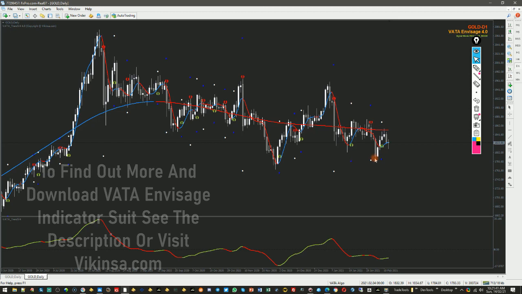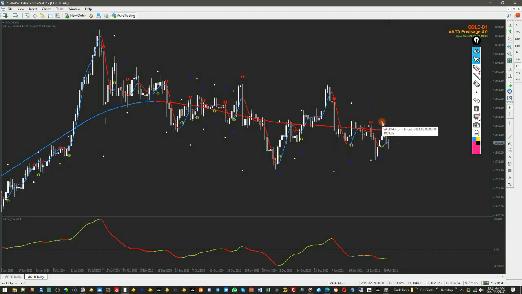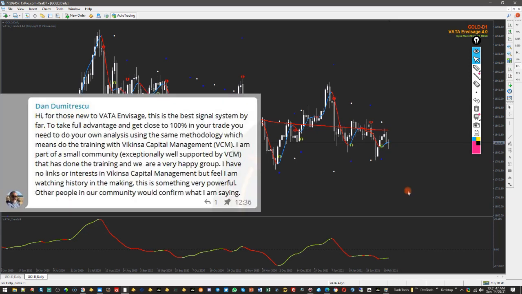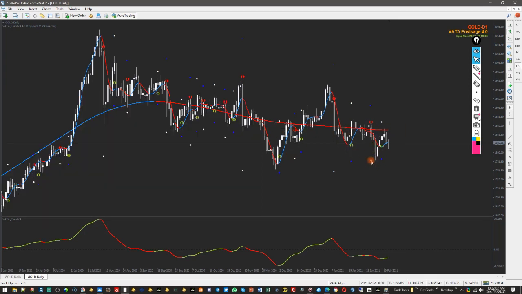So on Vata and Visage, what we have is that this is potential target 1870 level if the market starts to find bullish momentum. You see, there is a little conflict or contradictory signal around here, because we have green here, so that shows that market is bullish. But you see, just by looking at the chart, it is going sideways right now. The last bearish target was met, and now it is going sideways.